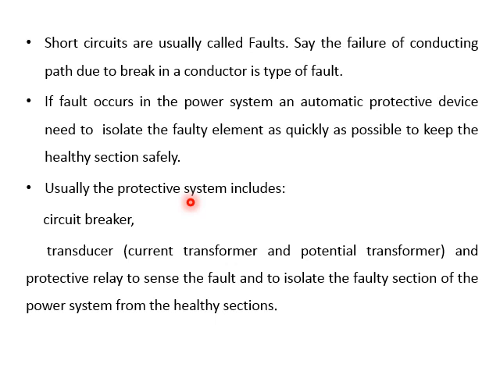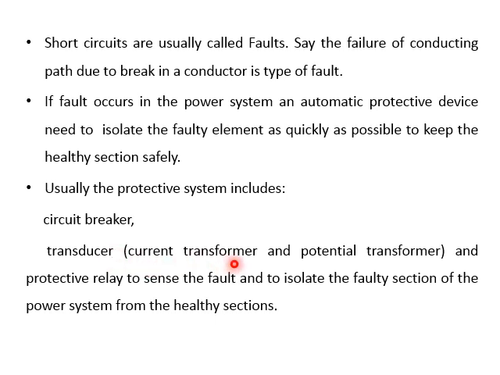So usually the protective system includes, this is where we have to include protective systems in a power system. The power system includes a circuit breaker, right? We'll see about this in the next module. We'll discuss the many types of circuit breakers which are available. Transducers transform one form of energy to another form of energy.